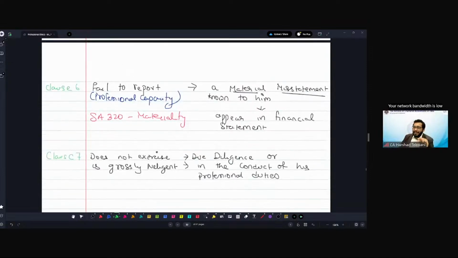We will discuss this part also when we discuss modified opinions, the qualified opinion and the adverse opinion, what makes it a qualified opinion or what makes it an adverse opinion. At that point, we will also discuss that modified opinions are not only related to material misstatements, but are also based on a fact not disclosed in the financial statement, related to the disclosures part.